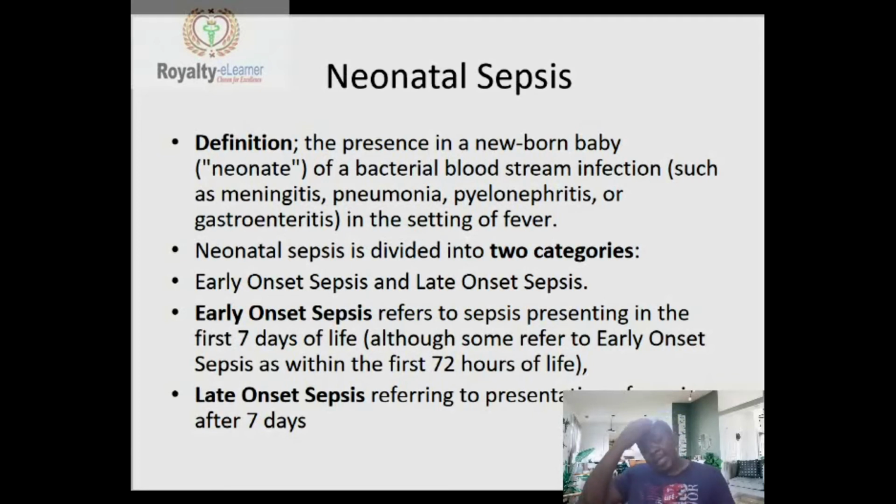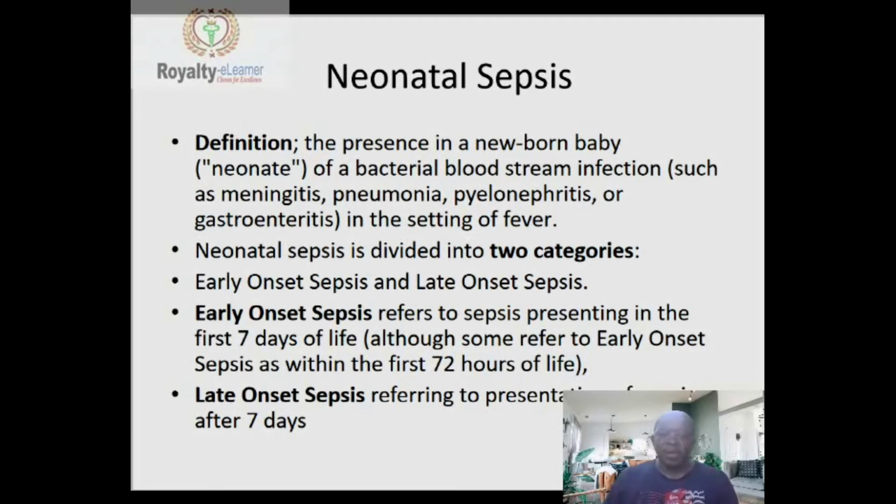So we are saying neonatal sepsis is the presence of infection in a newborn, that is less than 90 days after the newborn is born, with the presence of infection of meningitis, pneumonia, pyelonephritis, or gastroenteritis that sets up fever, okay, that will cause temperature to rise.